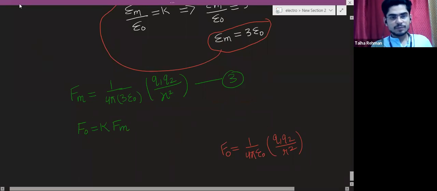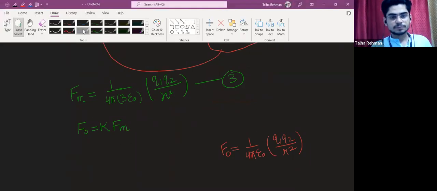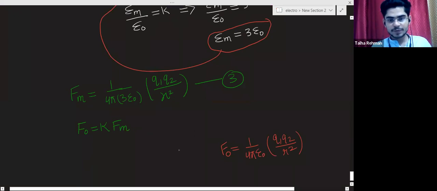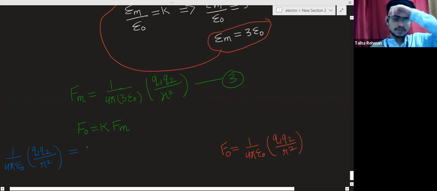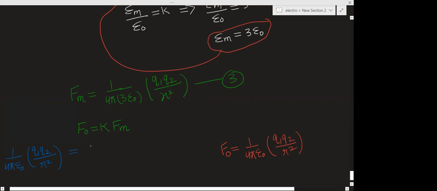So what I am going to do now, I am putting F naught. F naught is 1 upon 4 pi epsilon naught Q1 Q2 divided by R square. And what is the value of K? K is 3.